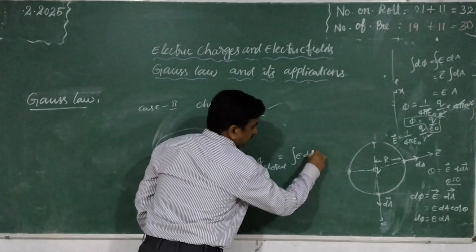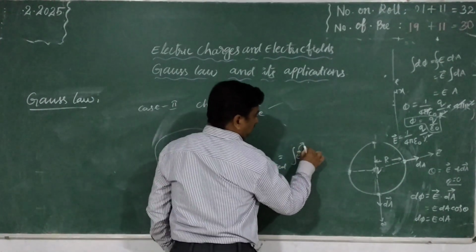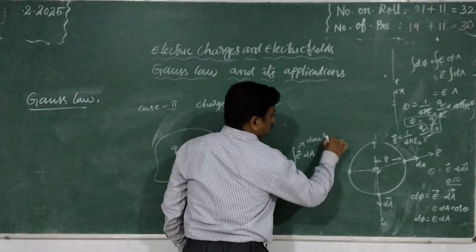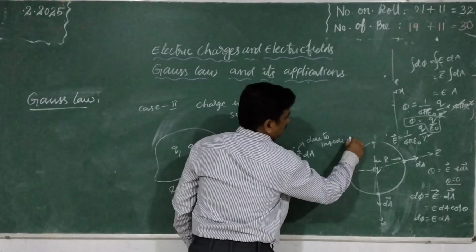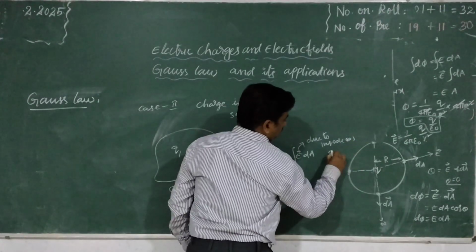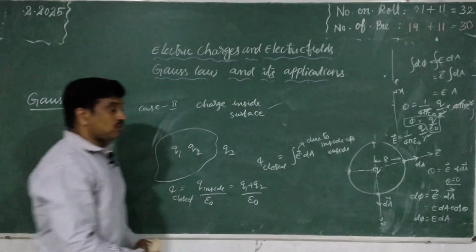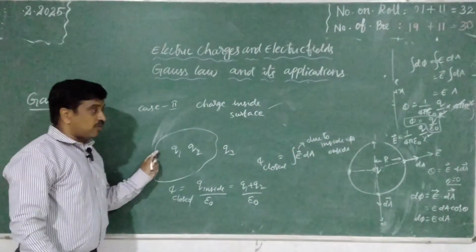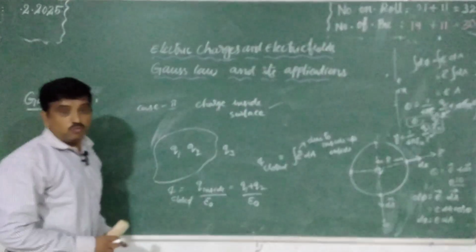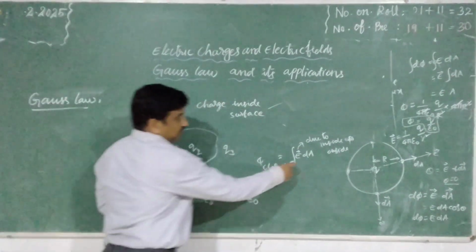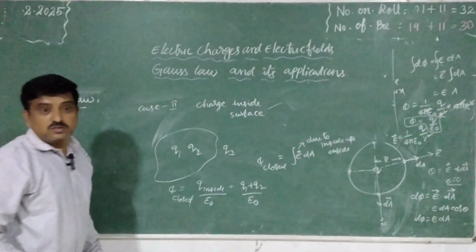Here E is the electric field. This electric field is due to both inside and outside charges; both are involved, and it is the same at the surface of the closed surface.